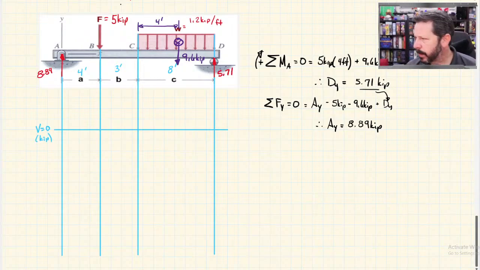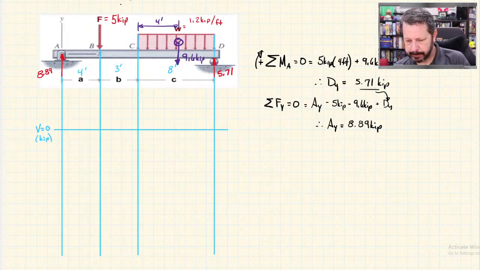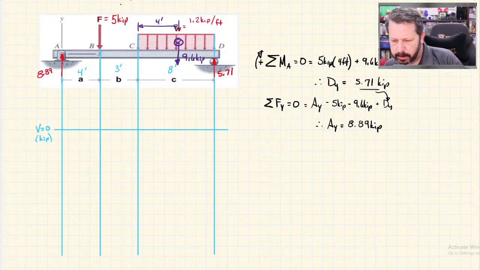So how you do one of these, 8.37, that's possible. Let me see. Let's see, 5 plus 9.6 minus 5.71. I still get 8.37. Huh. For DY.